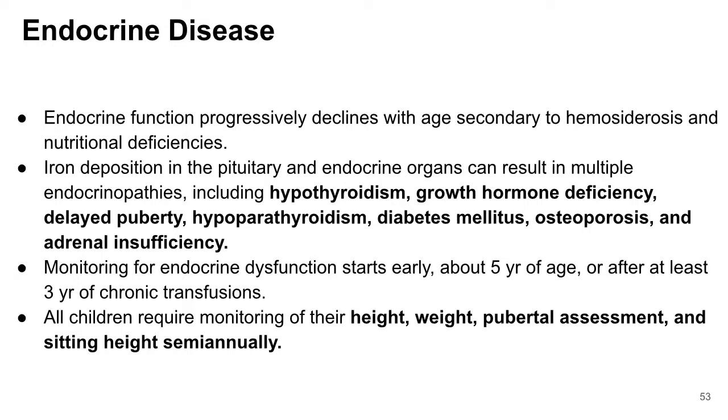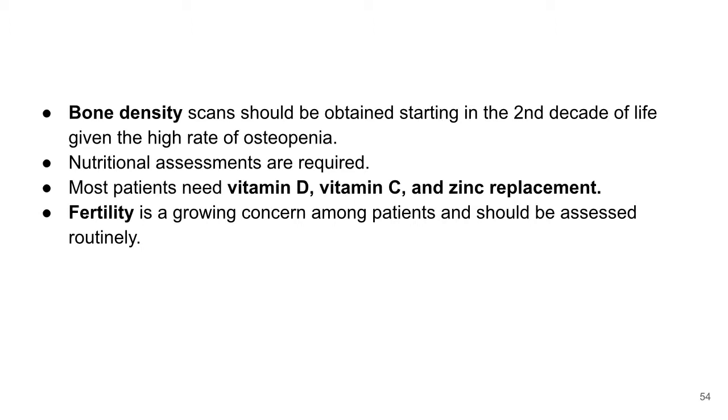Monitoring for endocrine dysfunction starts early, about 5 years of age, or after at least 3 years of chronic transfusion. All children require monitoring of their height, weight, pubertal assessment, and sitting height semi-annually. Bone density scans should be obtained starting in the second decade of life, given the high rate of osteopenia.